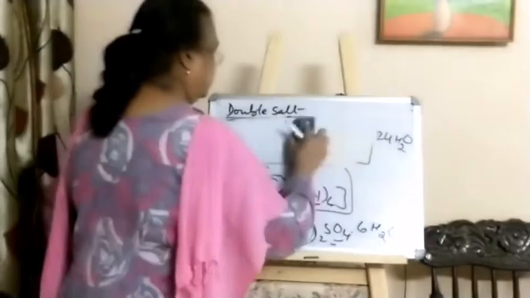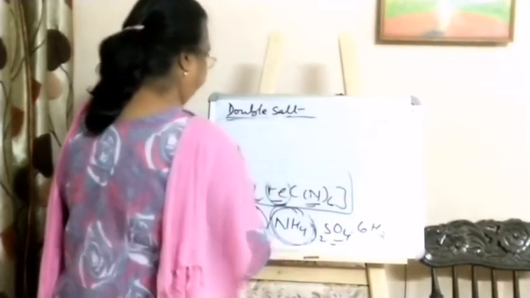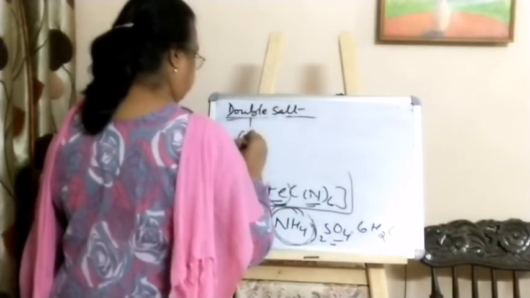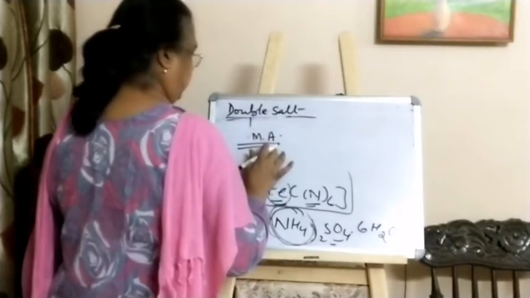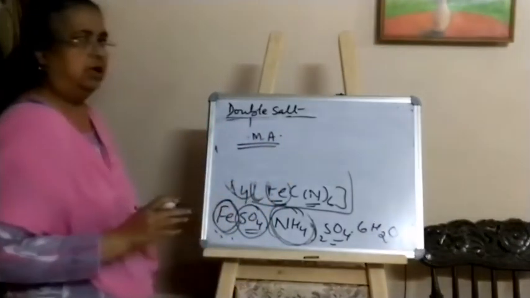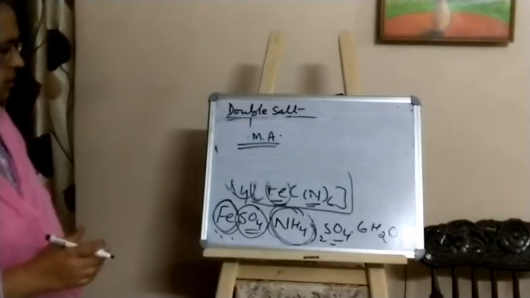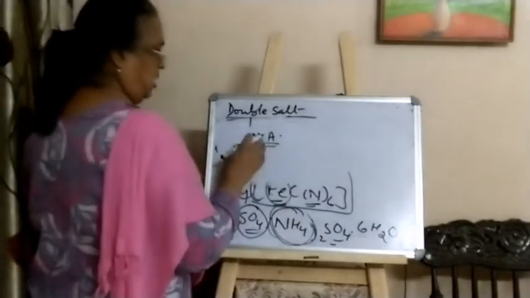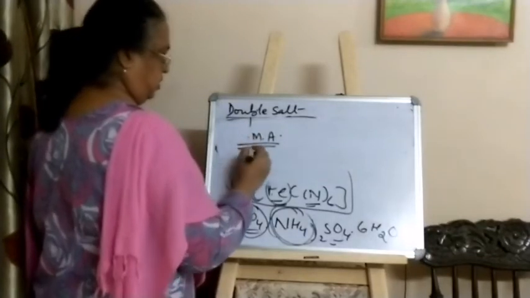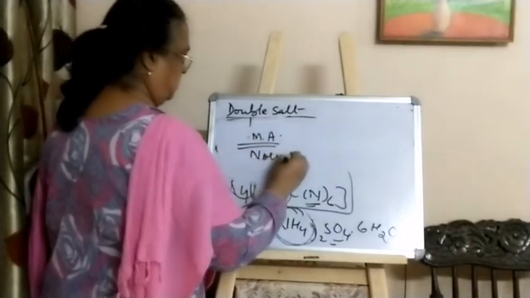So a double salt is formed when the central metal atom is linked through the anions, the negative ions, only to the normal valency.